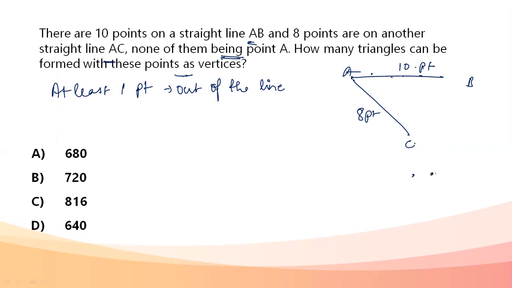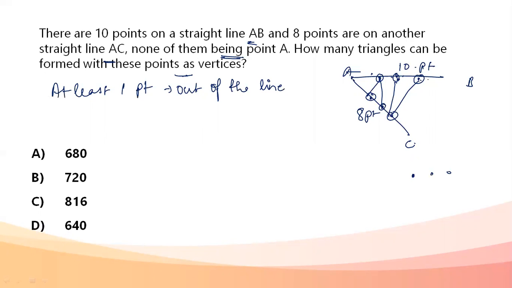If all three points are taken from the line AB, or all 3 points are on the line AC, a triangle cannot be formed. A triangle will only be formed if I take 1 point from AB and 2 points from AC, or 2 points from AB and 1 point from AC. Otherwise, if all three are from the same line, a triangle cannot be formed.